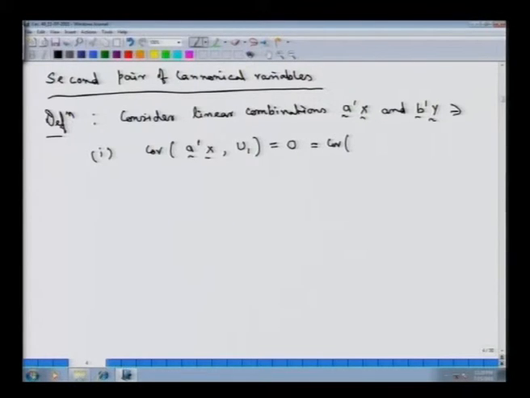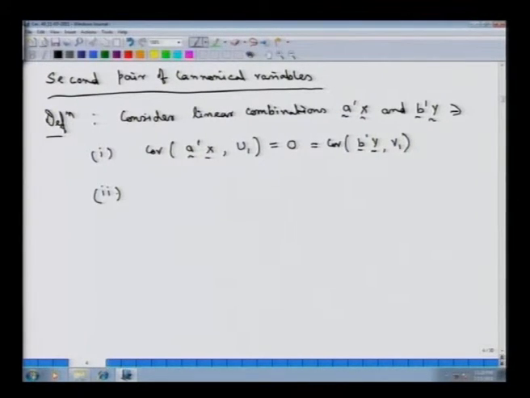I am just writing covariance, because if covariance is equal to 0, then correlation is also equal to 0. So, we will have these linear combinations A' x uncorrelated with u1, and B' y uncorrelated with v1.